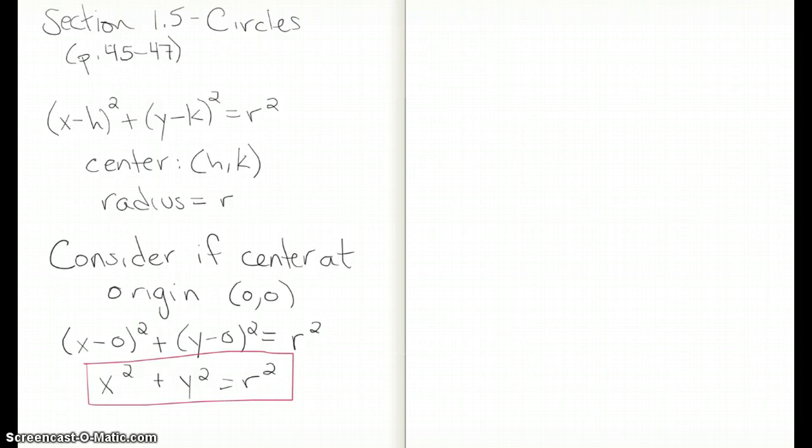It's what's called the unit circle. It's called a unit circle because it's a circle whose radius is 1, and the word unit sometimes is synonymous with 1.